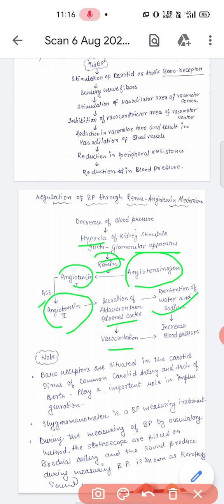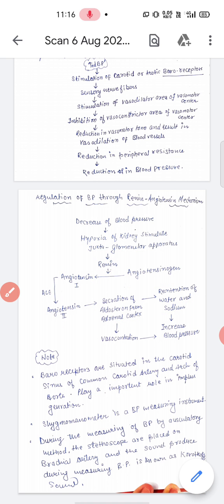The vasoconstriction and retention of water and sodium increase your BP. That mechanism regulated by your body is called the renin-angiotensin-aldosterone pathway or renin-angiotensin mechanism.